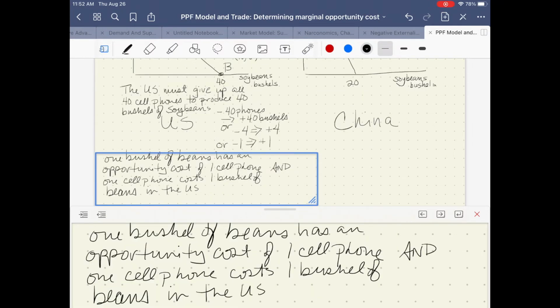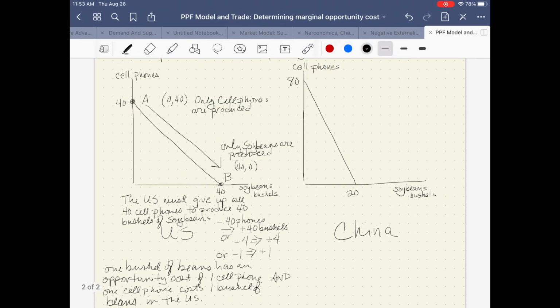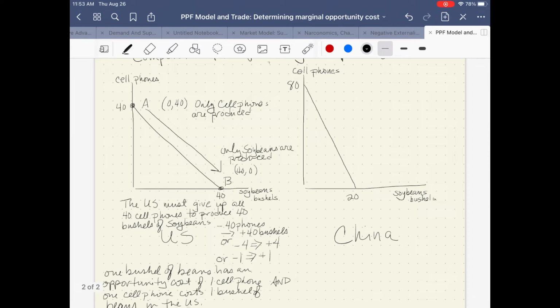Because China's land, labor, and capital resources are different from those in the U.S., China has different opportunity costs for the production of soybeans and cell phones. You can see visually that China can either produce 80 cell phones or 20 bushels of soybeans.